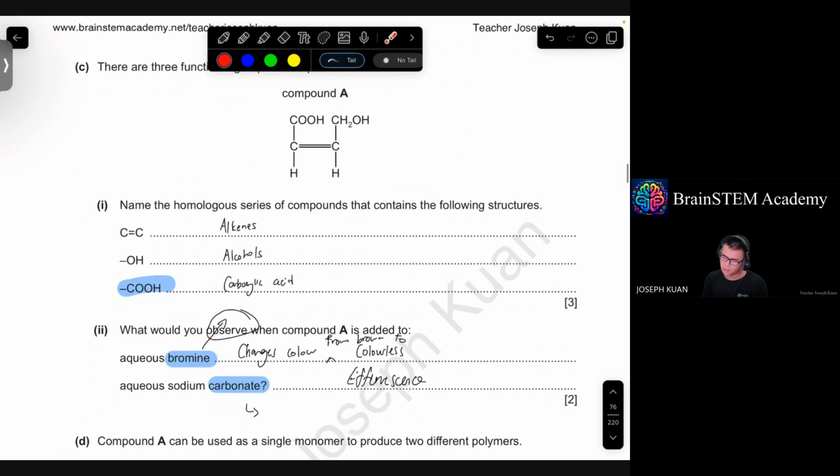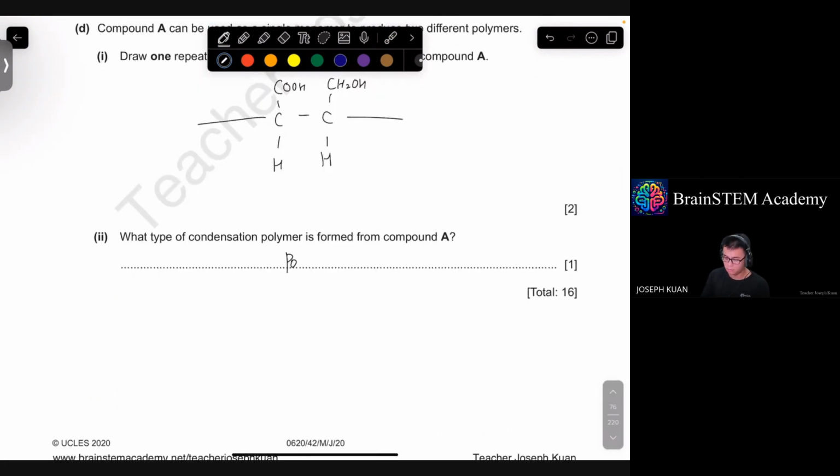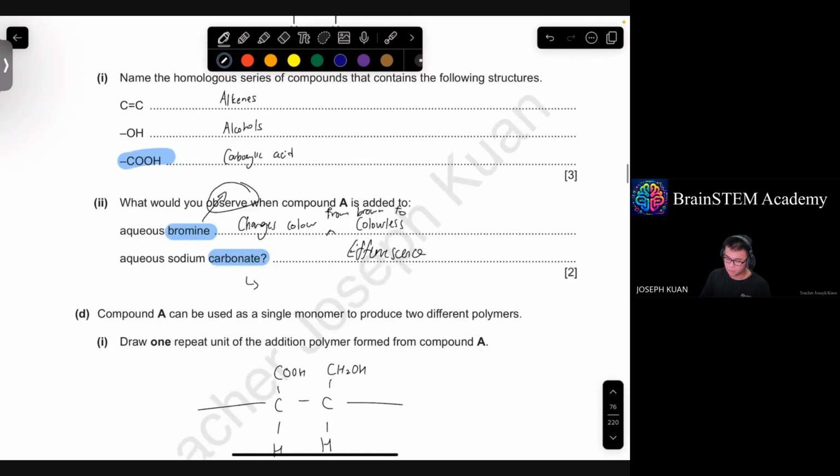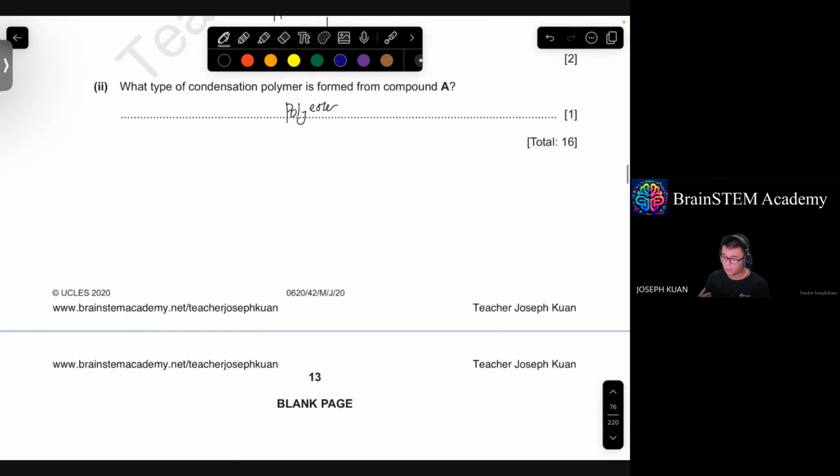Because there's a hydroxyl group and also a carboxyl group, it will form a polyester, because we know that carboxyl group and hydroxyl group react together to form an ester. Right, so it will form a polyester instead.